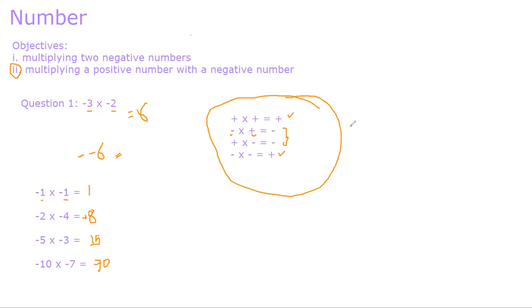So what would happen if the numbers are increased to 3? We were talking about two numbers. What would happen if the number changes to 3?